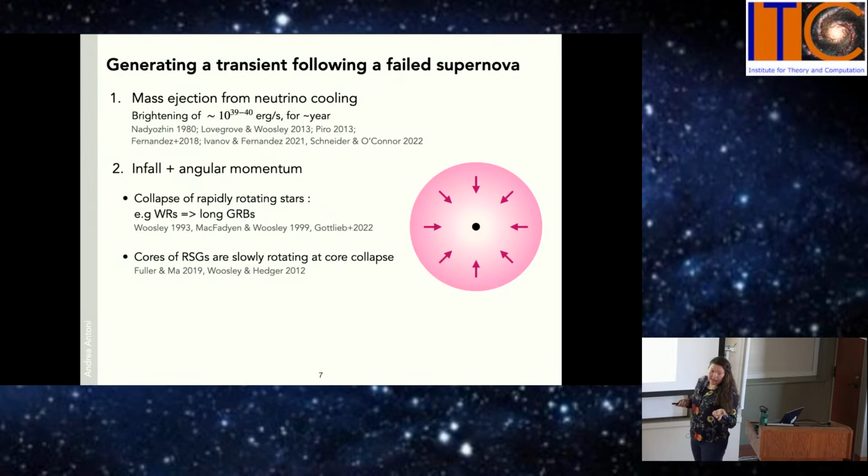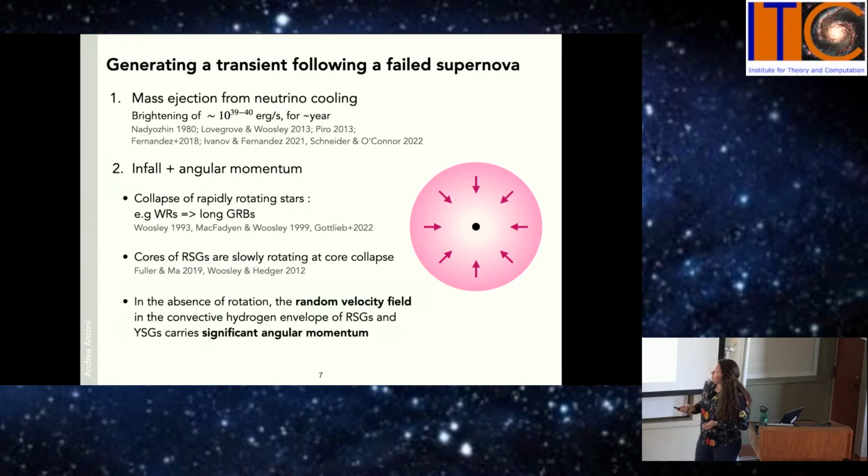But the thing is, which I actually mentioned earlier, the cores of red supergiants are thought to be slowly rotating. And so when people think of collapse of red supergiants and failed supernovae, they don't typically think of being able to power a rotationally powered transient. But what I will show you is you actually don't need rotation.